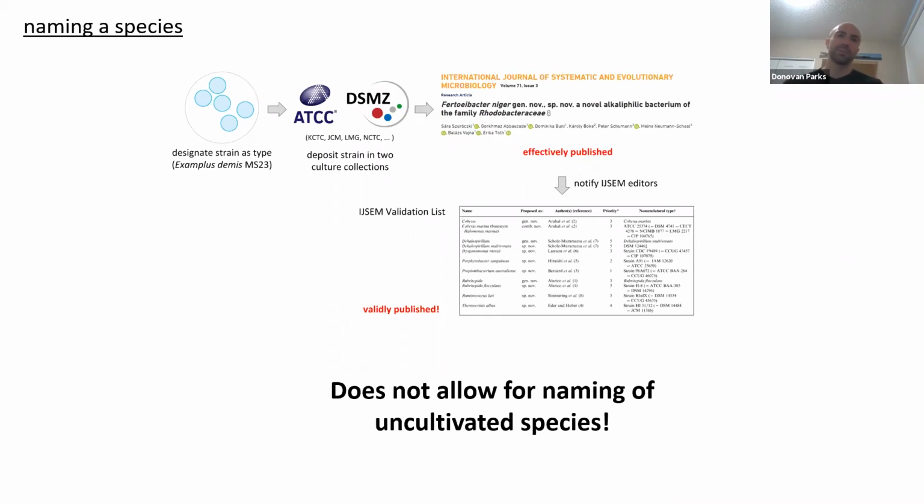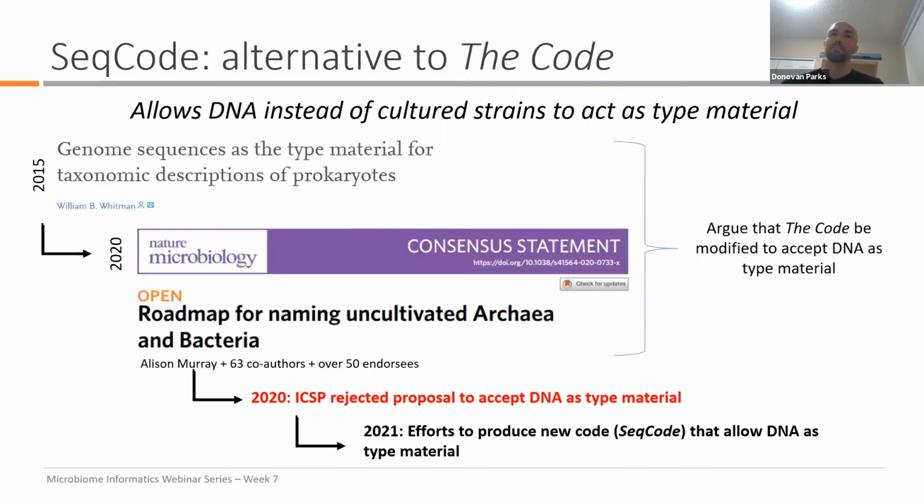This was recognized in the community: the process of needing to do cultivation is a bottleneck in terms of being able to formally put forth new validated names to describe species. This is what gives rise to the SeqCode. So I'll take you briefly through the history of this so you can appreciate where it comes from.